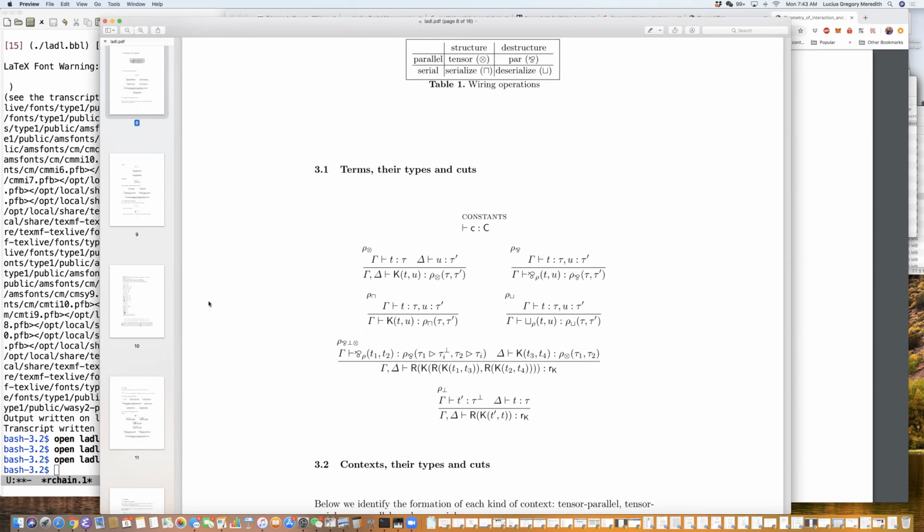A compelling categorical account has not been so easily forthcoming. Milner spent the last decade of his life trying to come up with a compelling account, one that covered the ambient view and the pi view and other views like that. It hasn't been super clear which proposal is a good one.